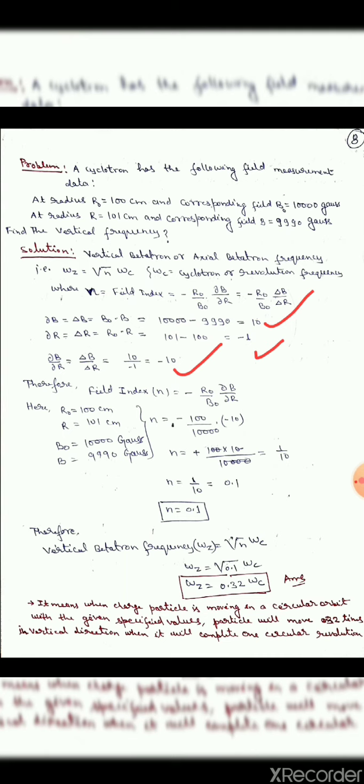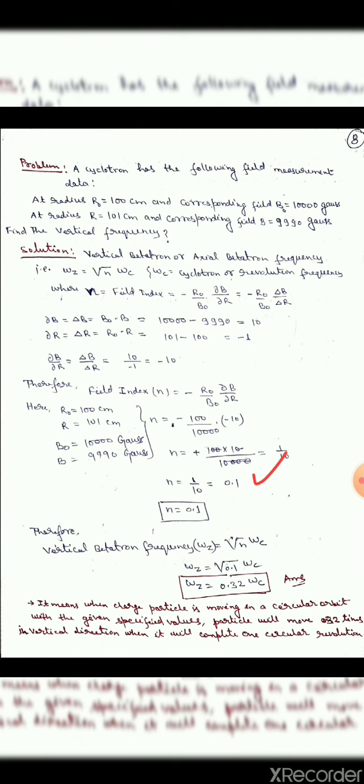The r0 value is 100, and B0 is 10,000 Gauss. So minus 100 upon 10,000 into del B upon del r, where del B upon del r is minus 10. If you calculate, you will find 1 upon 10, that is 0.1. So the field index is equal to 0.1.